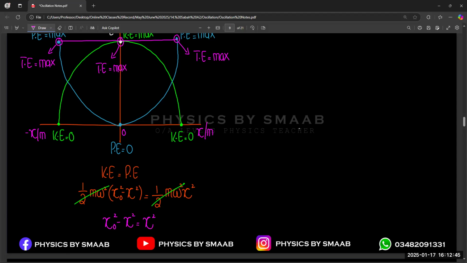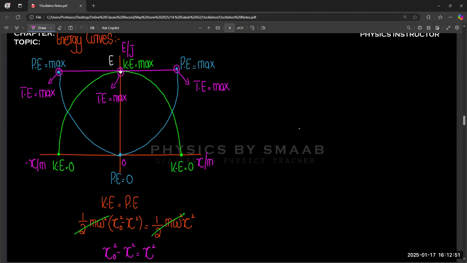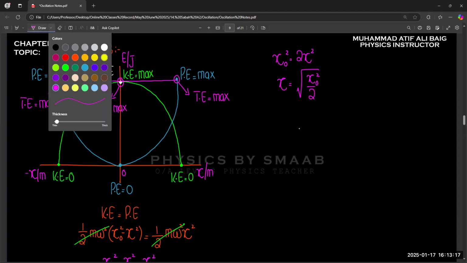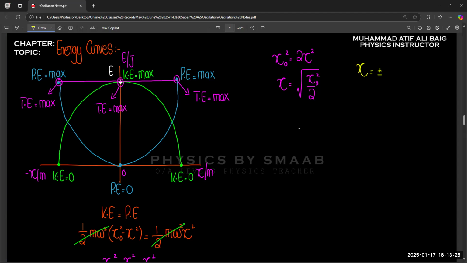So x square will be added up on the other side. x square plus x square is equal to 2x square, or x can be written as x naught, or finally we can say that, because there is a square under root, x naught square cancels out with the root, and only this constant value of 2 remains in it.